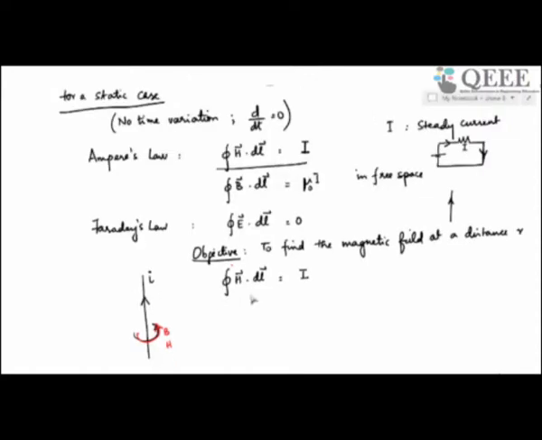Now, the objective is to find the magnetic field at a distance r from an infinitely long conductor.